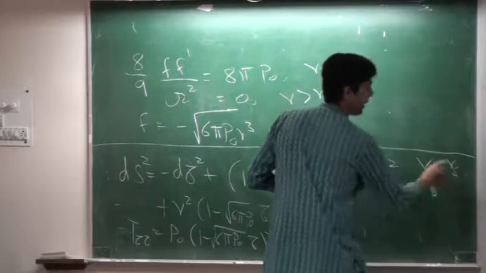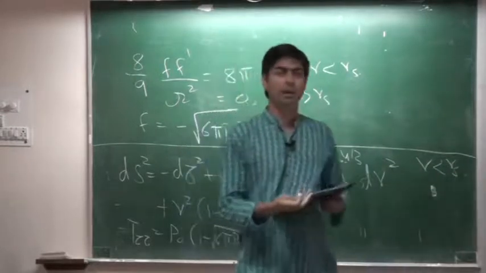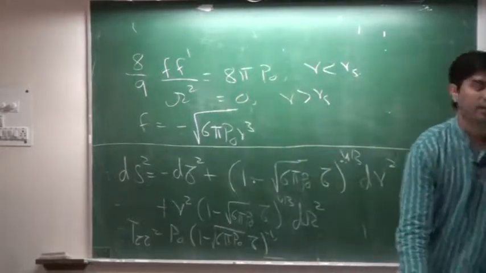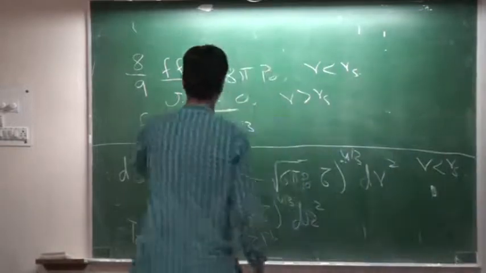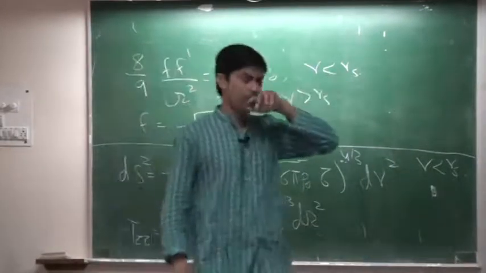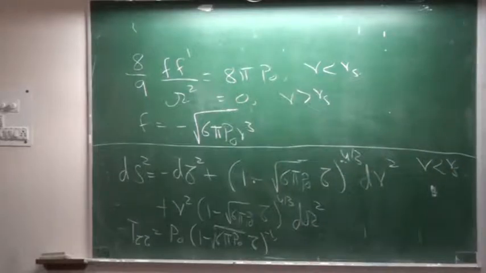The metric has two parts, a part for r smaller than rs and a part for r larger than rs. And in both cases, we have a metric and a stress tensor. Notice, this is the end of all our manipulations. We have a solution now.